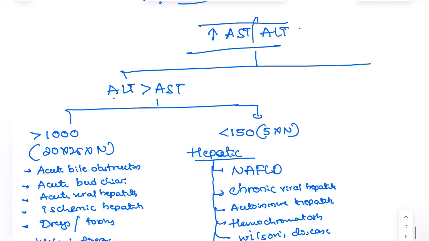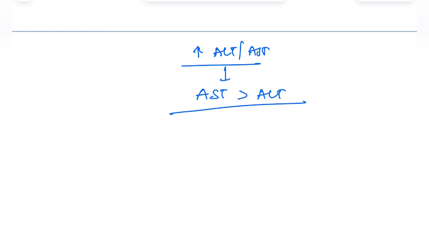Now let's look at the pattern when AST is more than ALT. On the next page I am going to mention this. So there is raised ALT and AST, and the pattern here is AST more than ALT. Again you have to divide whether the values are more than 1000 or less than 150. What if there is a severe, acute rise, that means more than 1000?